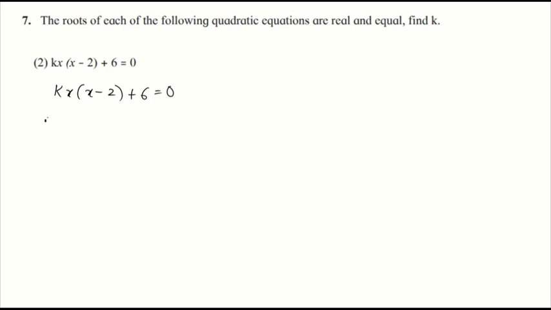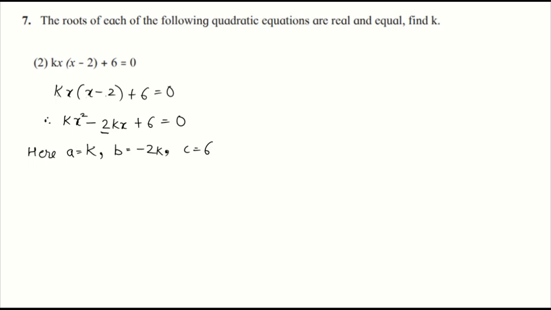In standard form, how we will write this? kx into x is kx squared, minus kx into 2 is minus 2kx, plus 6 is equal to 0. Here a is equal to k, b is equal to minus 2k, and c is equal to 6.